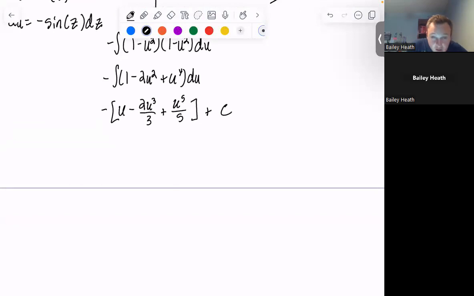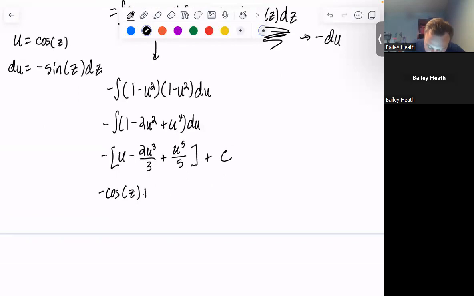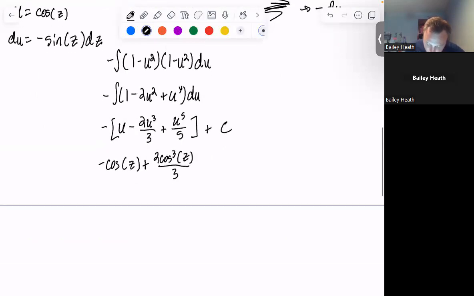So this negative u that we're going to get becomes negative cosine of z. Remember, our u was cosine. So now I'm going to get a plus 2 cosine cubed of z over 3. And I'm going to get a minus, remember, we're distributing this negative sign here. I'll get a minus cos to the 5th of z over 5, and of course, plus C.